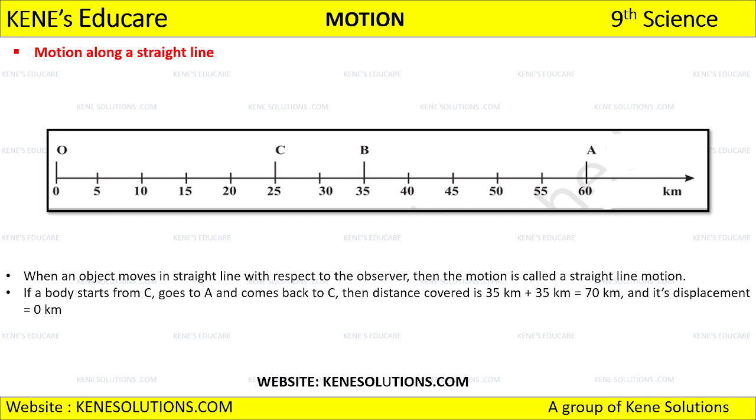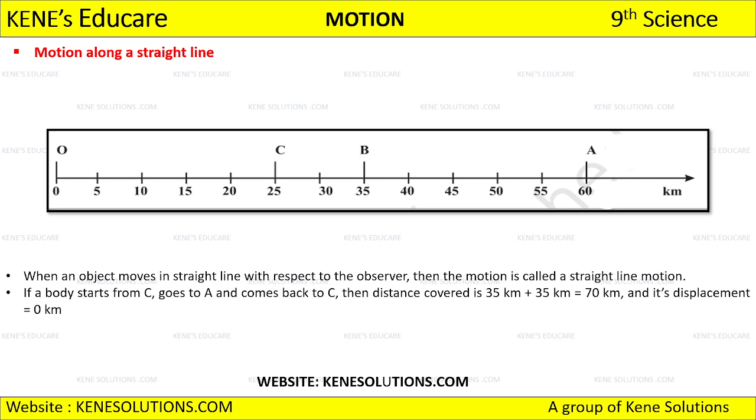You have to explain that when an object, let's say a car, moves in a straight line with respect to an observer, then that motion is straight line motion.